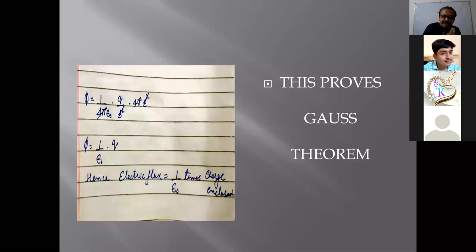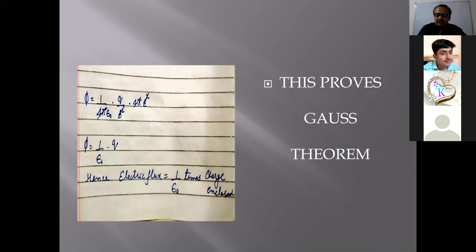So d phi will be equal to E dot ds, where ds is the small area of the sphere. The value of the surface integral will be the area of the sphere, 4 pi r square. Substitute that value and get the equation phi is equal to 1 over epsilon naught into q.